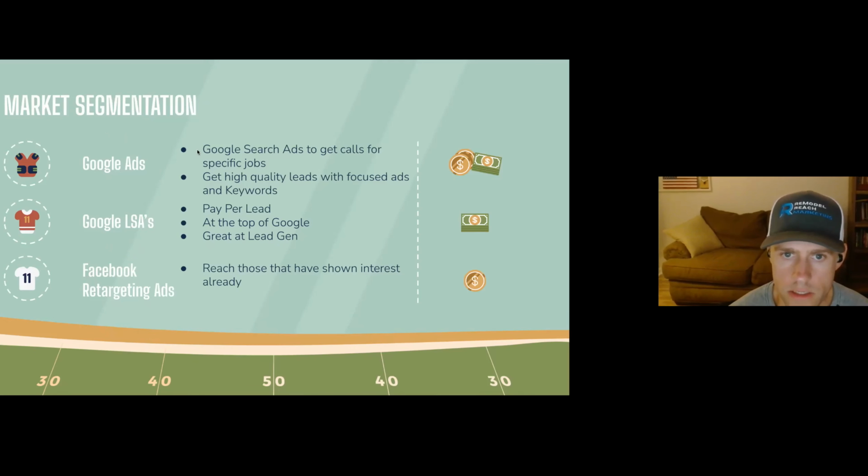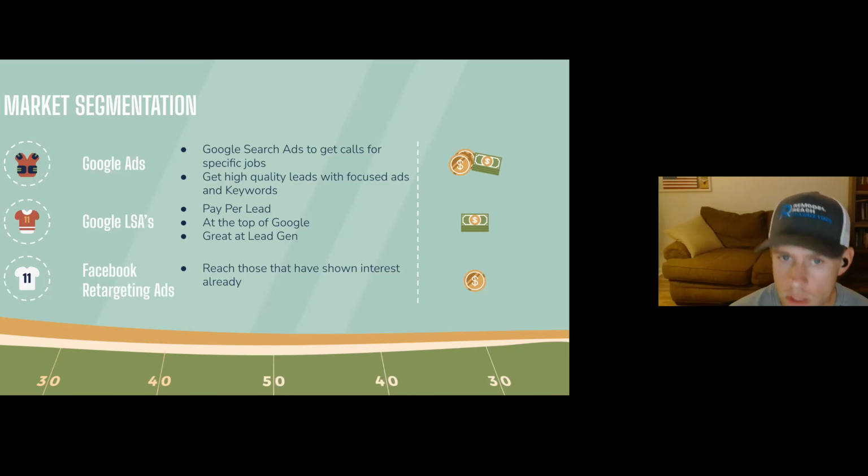Okay. And so a little bit more about this. So Google Ads, these are Google search ads. So these are getting calls for specific jobs. Google Search Ads is an advertising platform on Google that allows you to target keywords. Local service ads do as well, but Google Ads search ads are a little bit more specific.